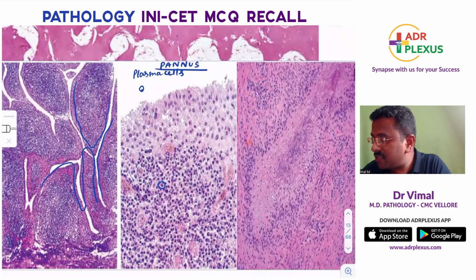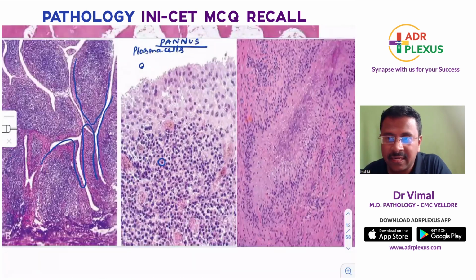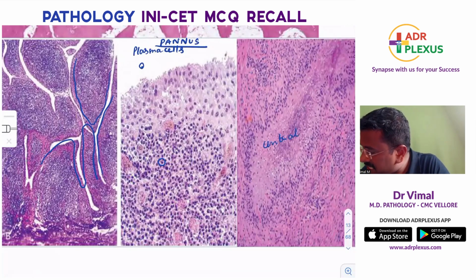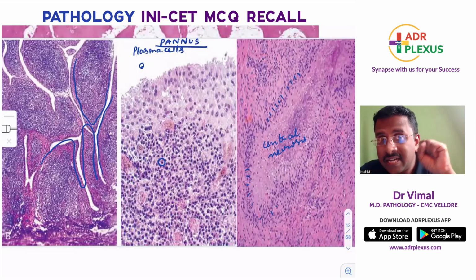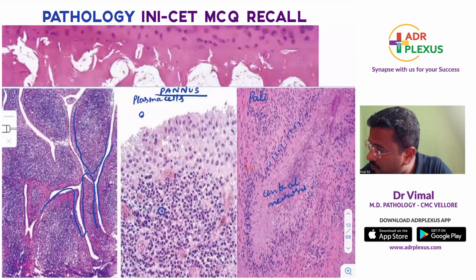What else is characteristic of rheumatoid arthritis? You could see a central necrosis, and surrounding this necrosis there is an arrangement of histiocytes in a palisading manner. This phenomenon is called a palisading granuloma.